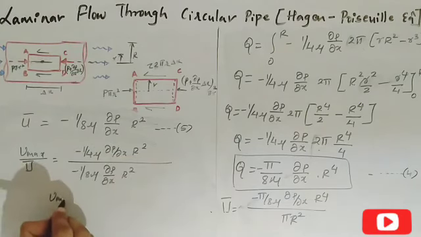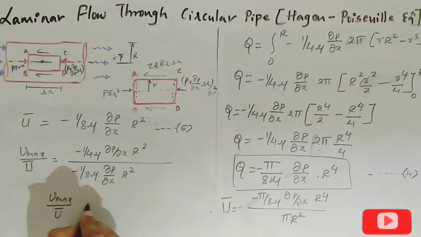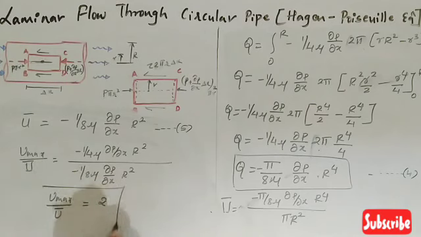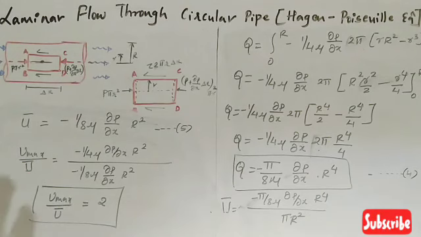So then u max divided by u bar will be equal to 2. Okay, then the ratio of maximum velocity to average velocity will be equal to 2.